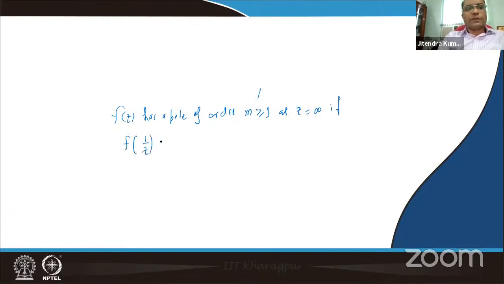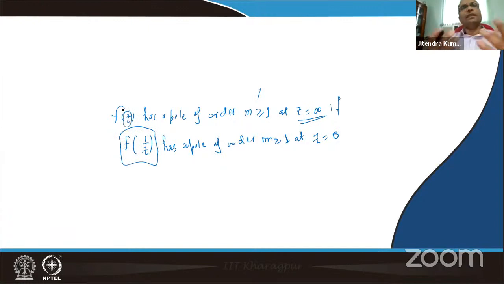If this f(1/z) has a pole of order m at z equal to 0, then instead of looking at infinity, you look at this new function, which you can obtain by replacing z by 1 over z.